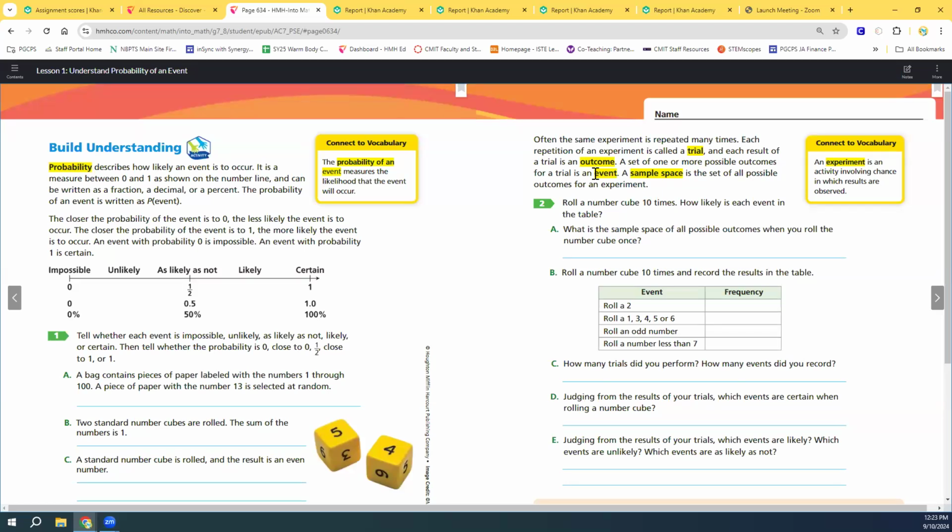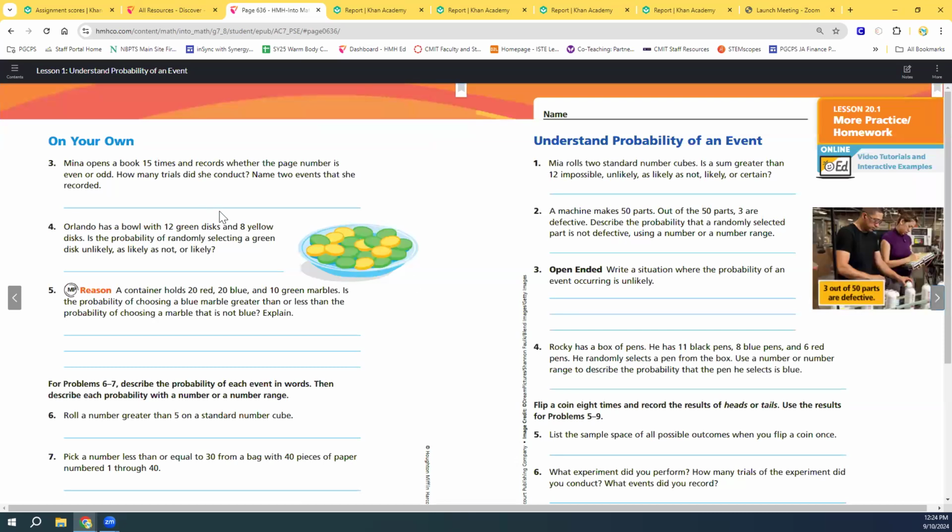So the event could be heads or tails. And the sample space is the set of all possible outcomes. Your sample space would be heads, tails, and the event could be the heads or the tails that happen in your trial. Okay, so we're going to have questions that use that vocabulary.